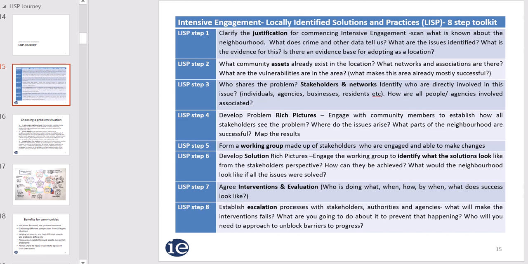So all of those 8 steps more or less appear one after the other, but we keep going back on each of those steps to refine and revise and develop our understanding as we go. But if we do this in the same way in different places, we're able to allow each different place to be different, but to come up with a similar process so we can treat the members of the public equitably and fairly by giving them and using a consistent and repeatable process.